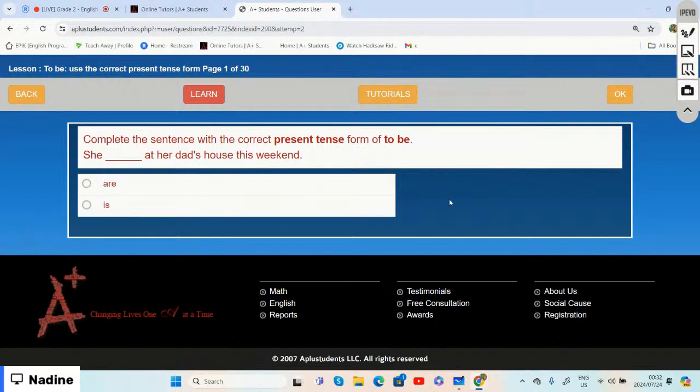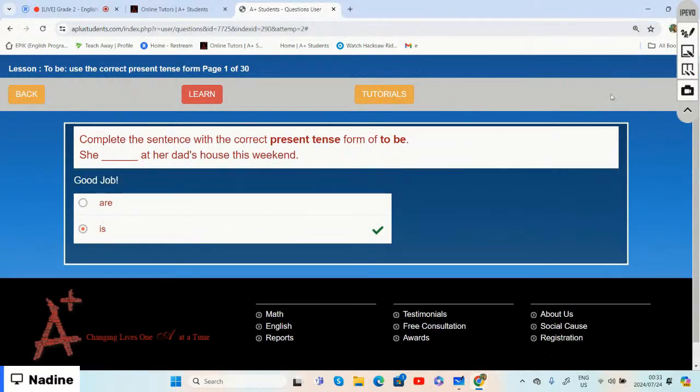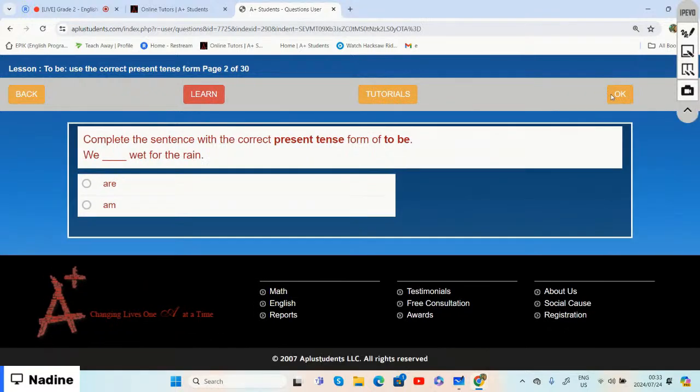All right. And if we were to choose the correct tense, we would say she is at the dad's house this weekend. So is our correct present tense.